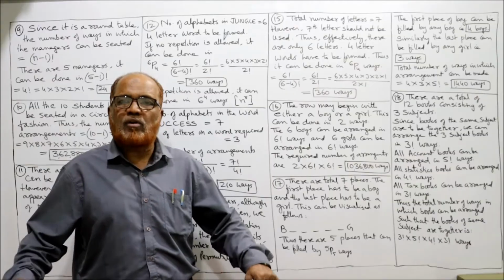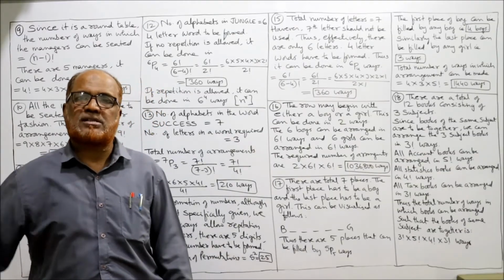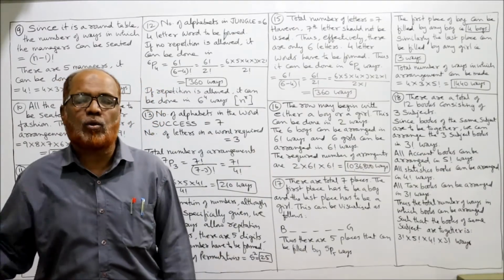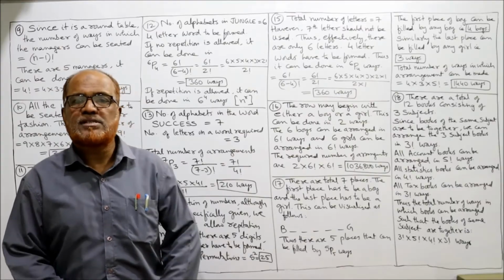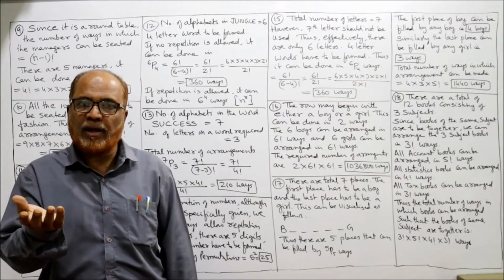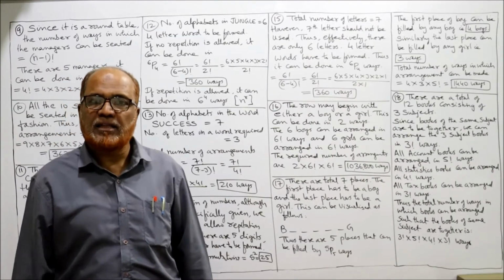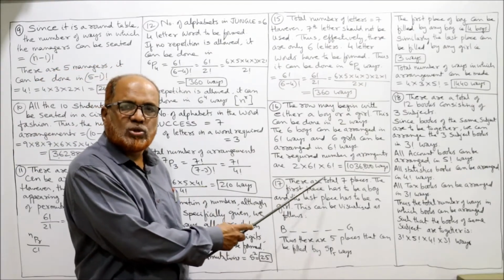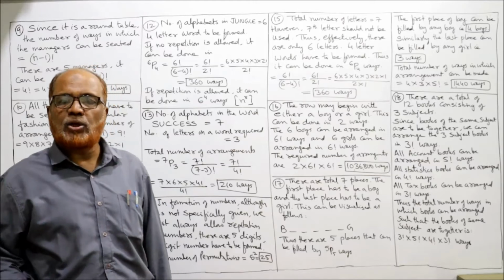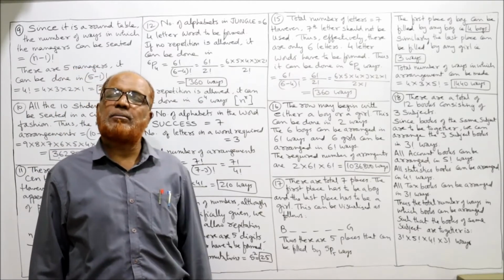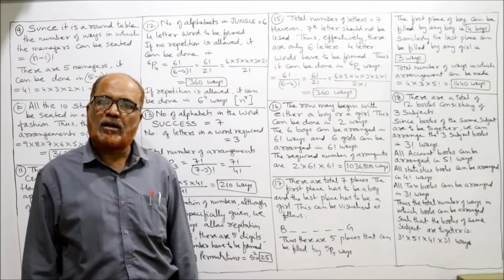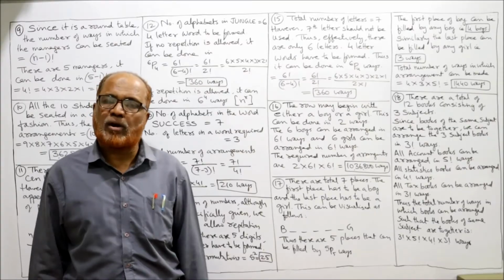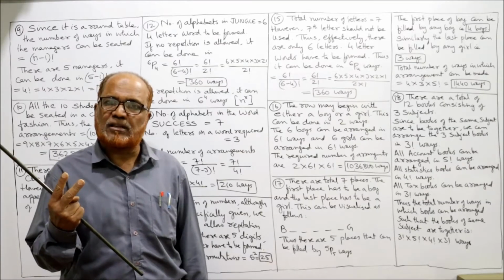So the total number of ways of arranging 12 persons, 6 boys, 6 girls in a row alternately, starting either with a boy or with a girl, is 2 into 6 factorial into 6 factorial. पहले तो 2 इसलिए ले रहे कि starting में we can have either a boy or a girl, so 2 different methods are there.